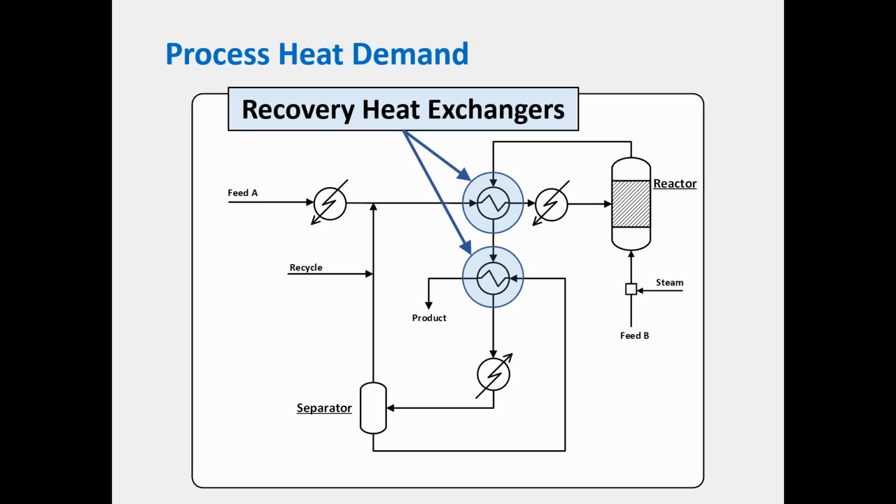So in that case, we're providing both cooling where it's required and heating where it's required. And so what that means is we then don't have to supply hot utility or cold utility to those streams because we're using other process streams in order to accomplish that heating or that cooling.